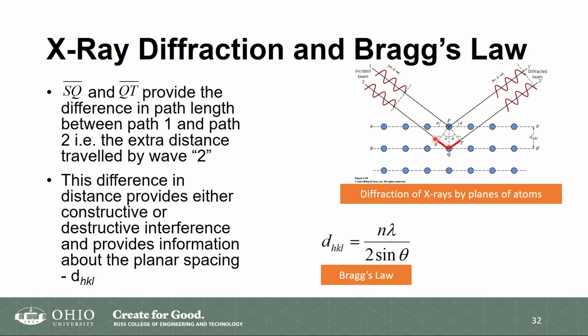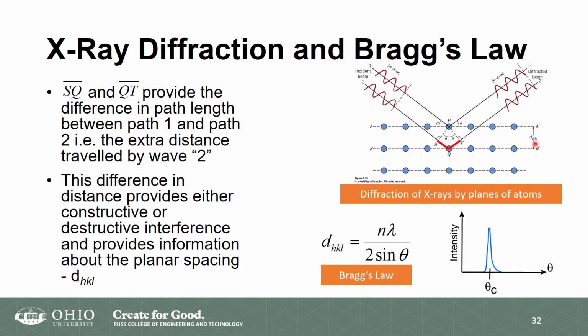In other words, based on whether we have constructive or destructive interference, we can find this interplanar spacing, and that interplanar spacing is related to this angle. When we detect these beams, we end up with a graph of intensity as a function of angle.